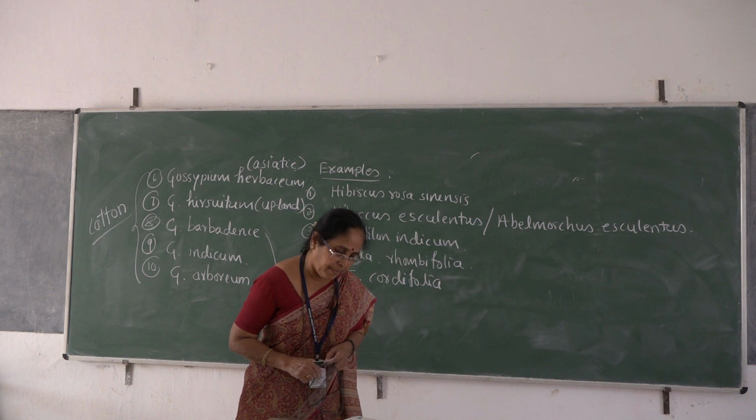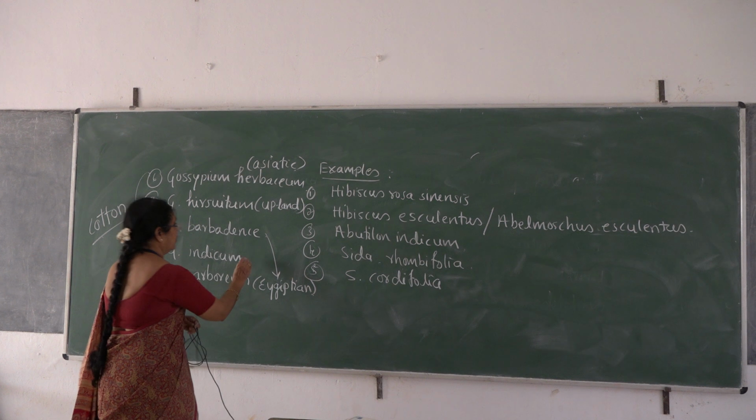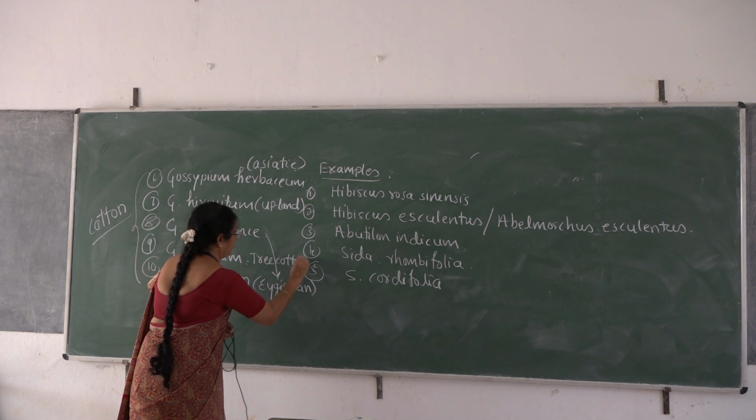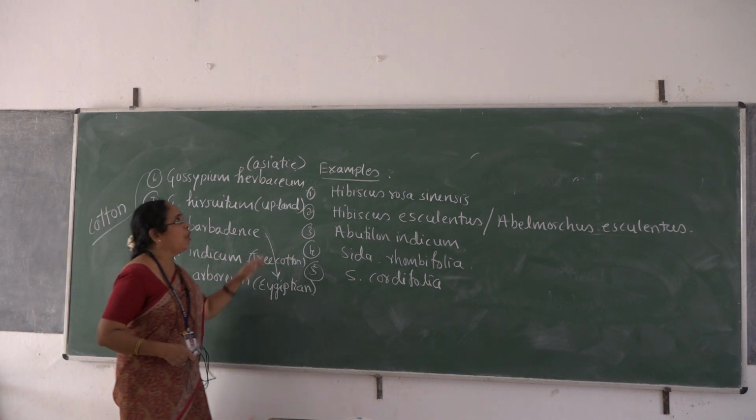And Gossypium indicum is tree cotton. This is called tree cotton. So these are all the species of cotton, cultivated varieties of cotton.